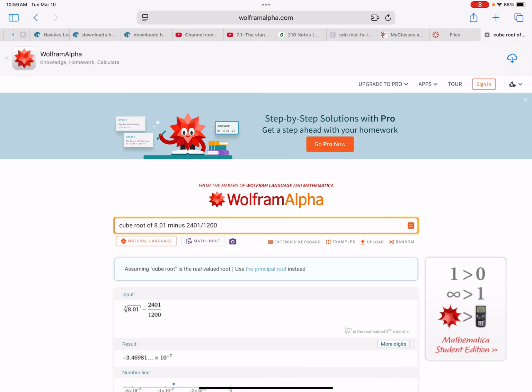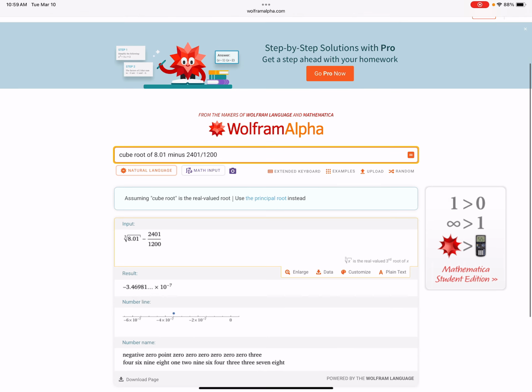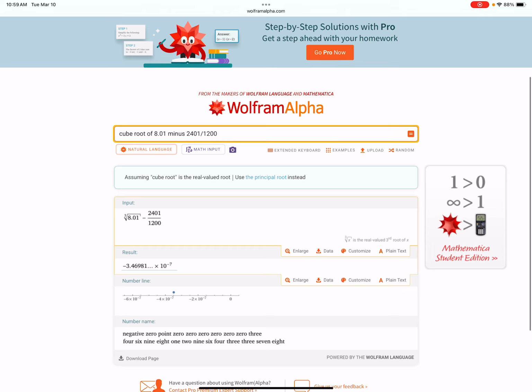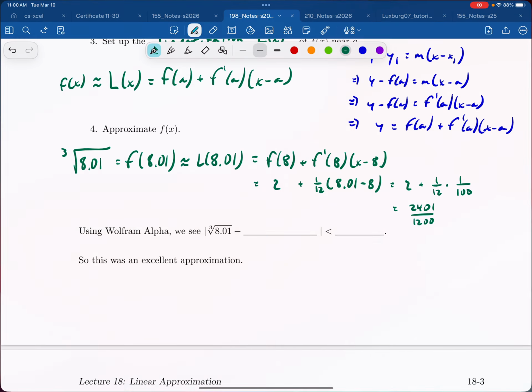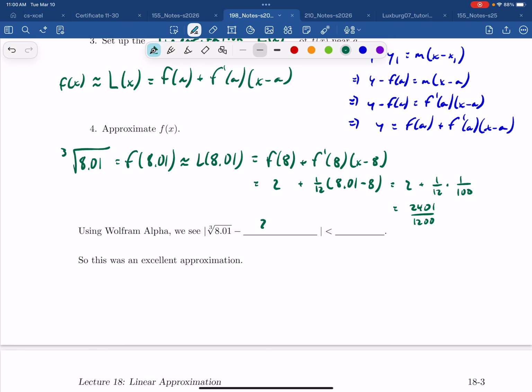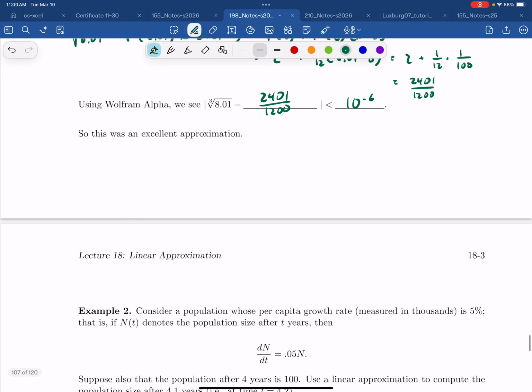The result is 3.5 or so times 10 to the negative 7. So it is a very, very small error. This is less than 10 to the negative 6, or 1 over a million, so this is an approximation within 1 millionth.